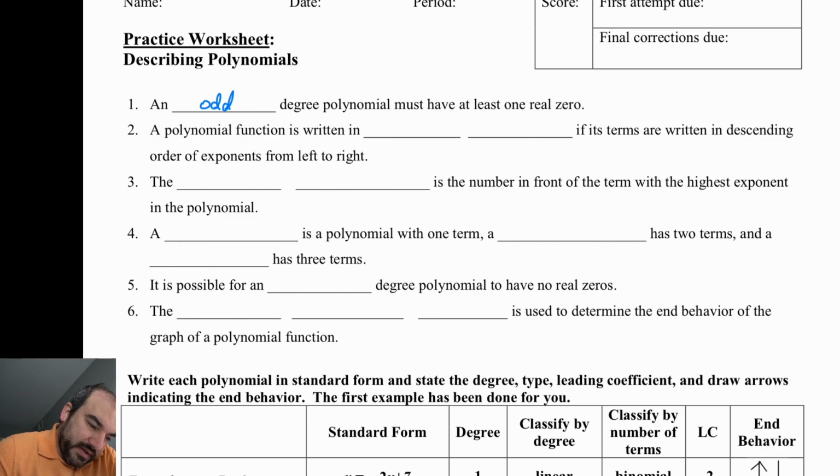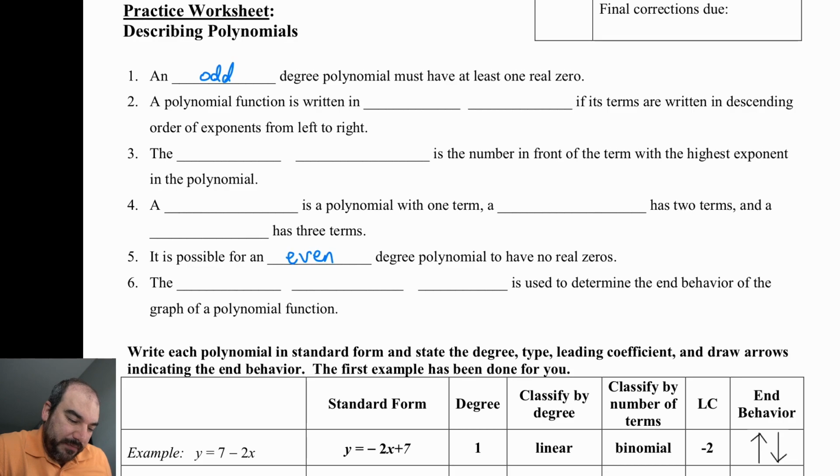The rest of it: one term, two terms, three terms. Number 5 is going to be even degree polynomial, and then the rest you should be able to fill in the blanks for.